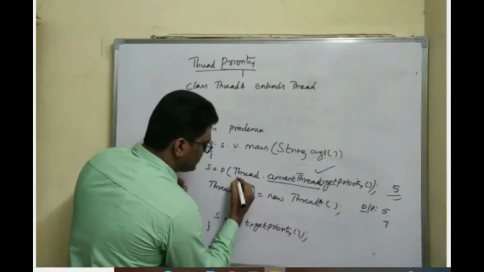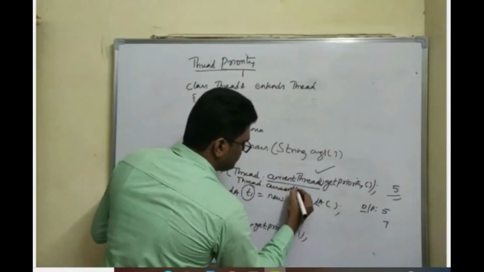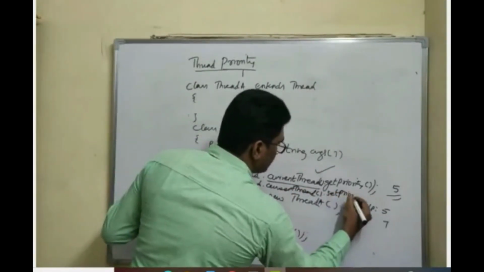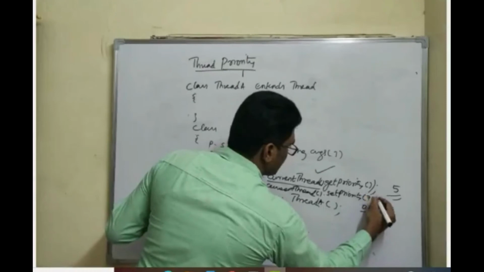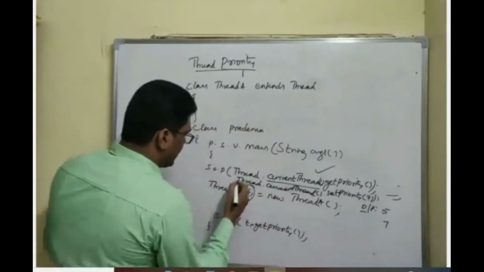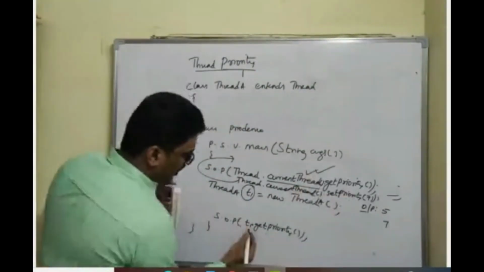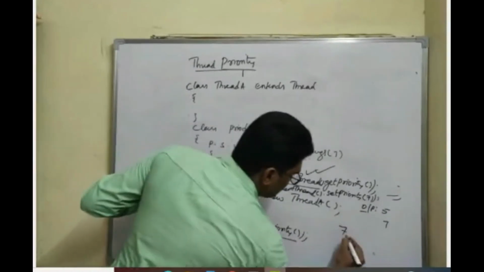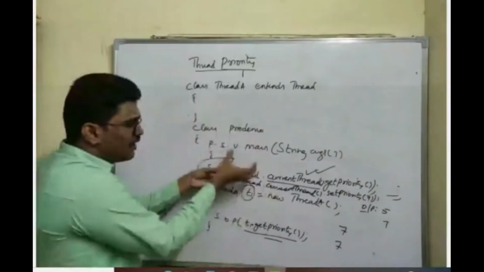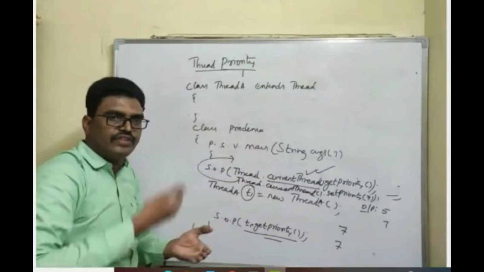If I change the main thread priority, suppose Thread.currentThread().setPriority of 7, and I take this line to the top, then I'll get both as 7, because a child thread will always acquire the priority of the parent thread.